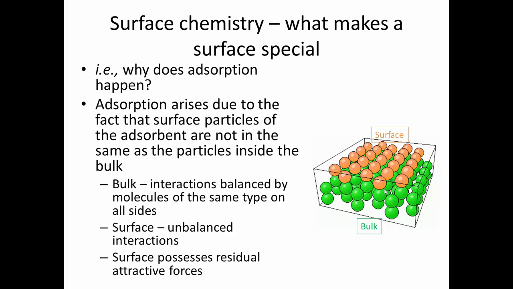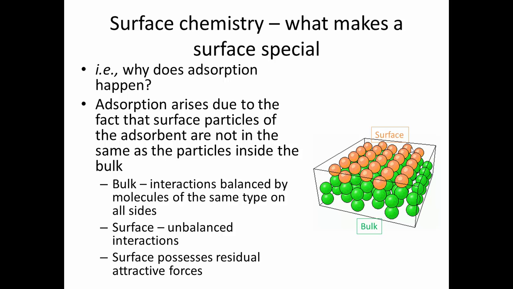Why? Because on most of the sides, there are interactions, again, of some kind. We don't know what. It depends on the surface. But on the surface, we're exposed to air, and there may or may not be any kind of significant interaction going on with the molecules in the air.